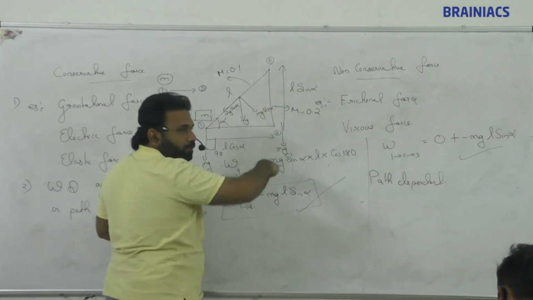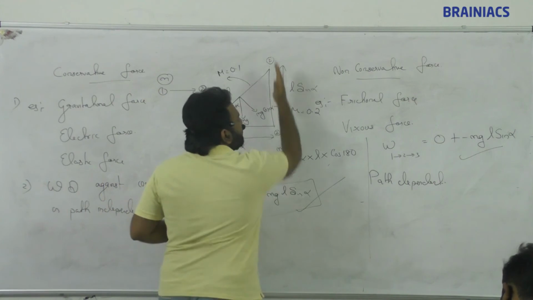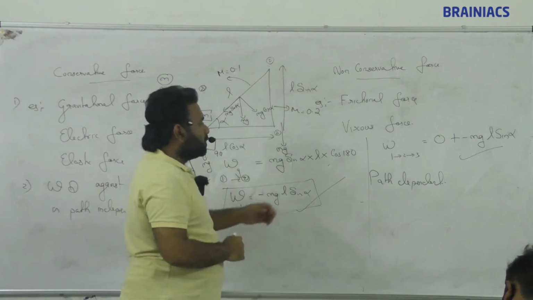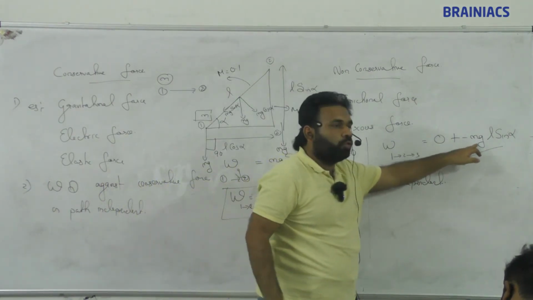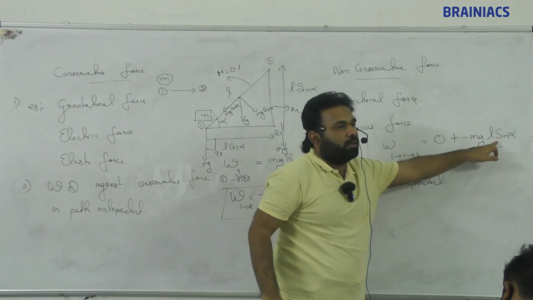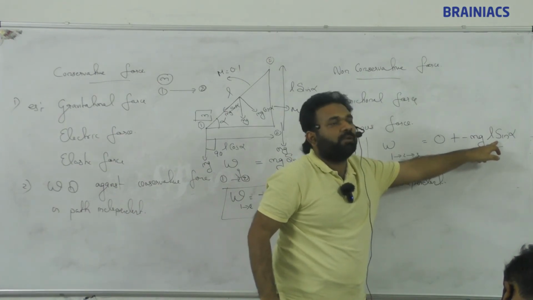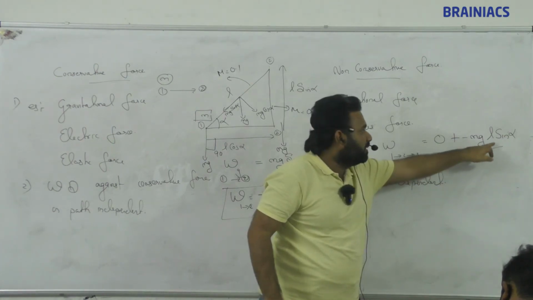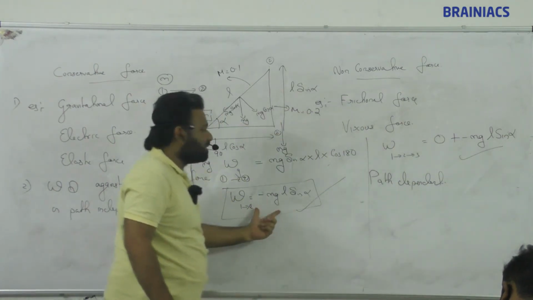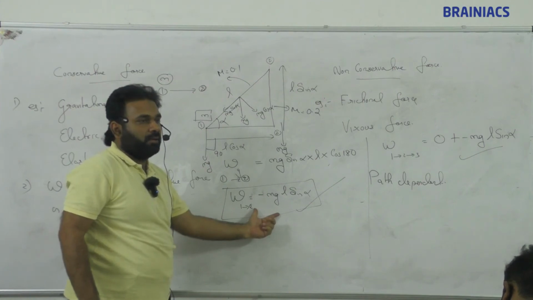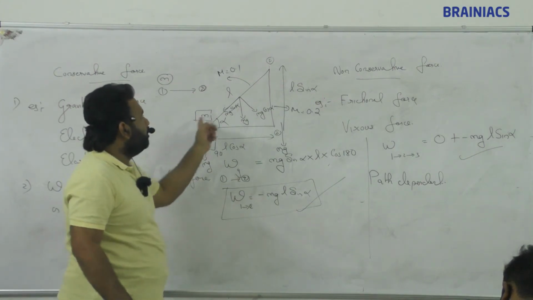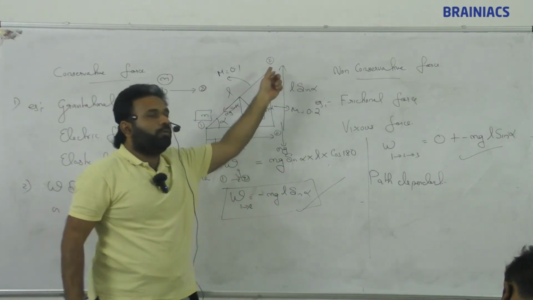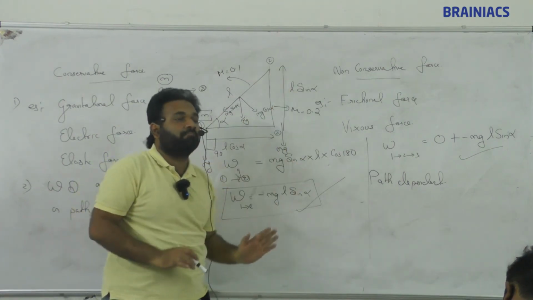mg is acting in the opposite direction. This is the displacement. So mg into L sin alpha, cos theta will be cos 180, so this minus. So this answer and this answer both are same, right? So going this way and coming this way, work done is same.